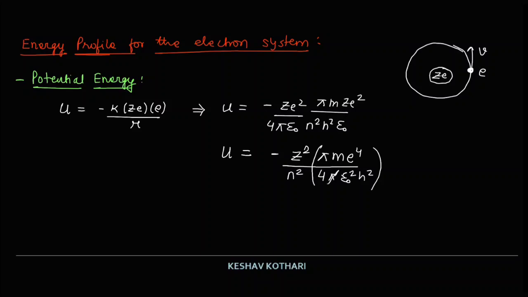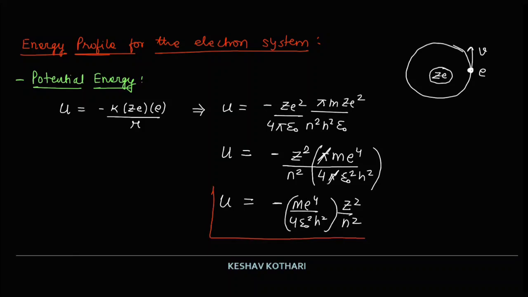We can again cancel out pi, and we can write the equation for potential energy as minus of m e to the power 4 upon 4 epsilon naught square h square into z square by n square. So I can say that potential energy depends upon the z square and n square parameter.